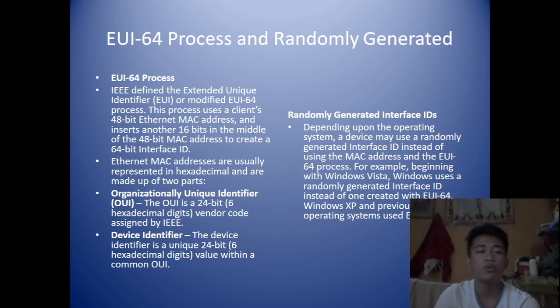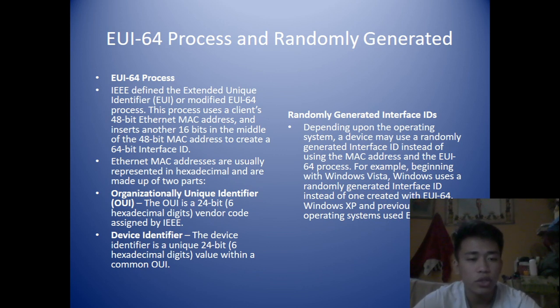This is the EUI-64 process and randomly generated. So the IEEE defined the Extended Unique Identifier, EUI, or modified EUI-64 process. This process uses the client's 48-bit Ethernet MAC address and inserts another 16 bits in the middle.